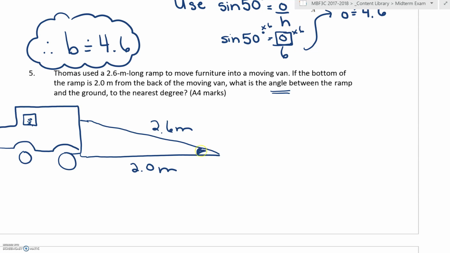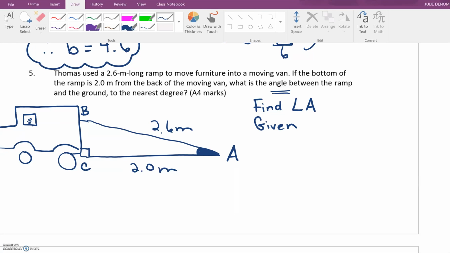Well, here's the angle that we're looking for right in here, and we want it to the nearest degree, which means no decimals. When you're doing questions like this and you're on the ground, we know that it's 90 degrees. And I would go ahead and label my triangle. You don't ever want a triangle that's not labeled. So if we want the angle, we're looking for angle A. Before you do that, you probably want to label your opposite, your adjacent, and your hypotenuse.